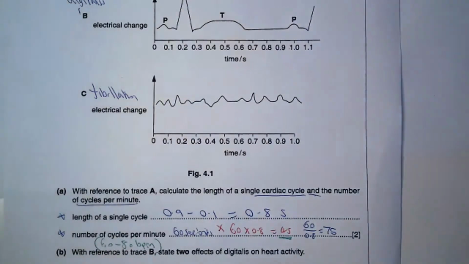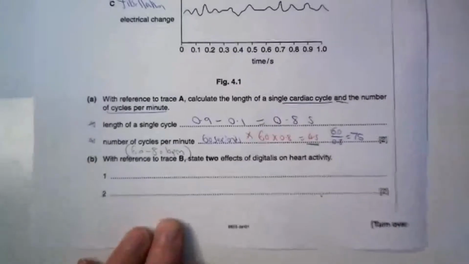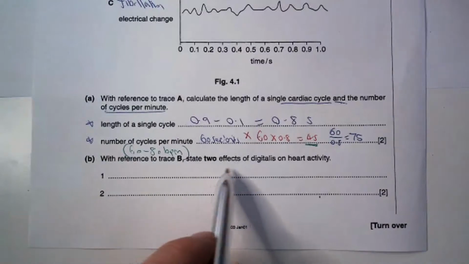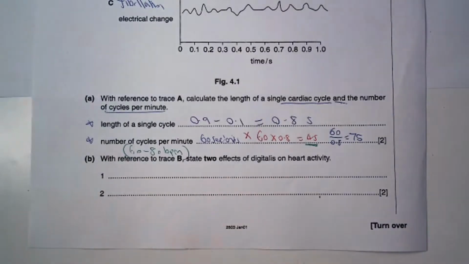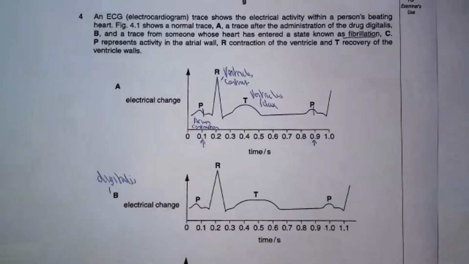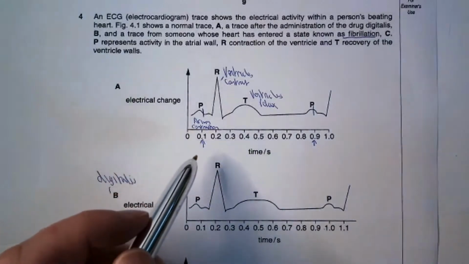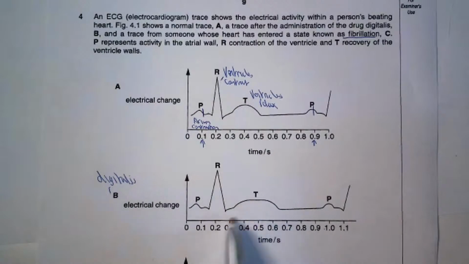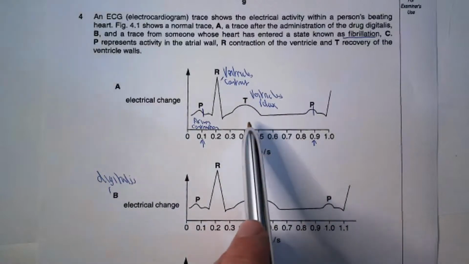Right, part B says with reference to trace B, state 2 effects of digitalis on heart activity. So we're comparing these 2 cycles. So first of all, we can see that T is a much greater length of time.